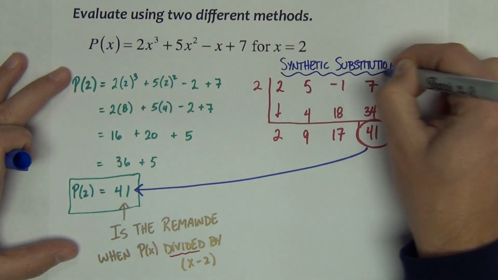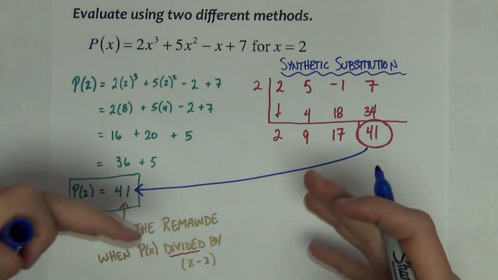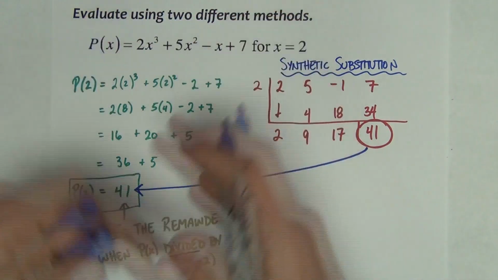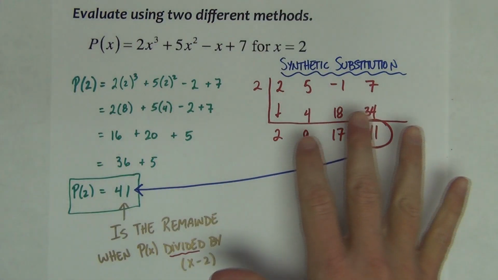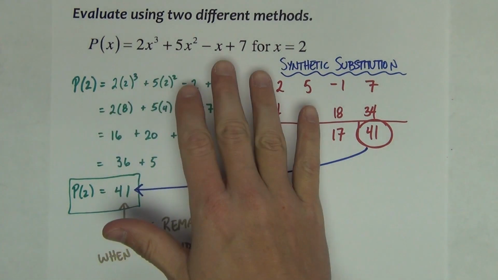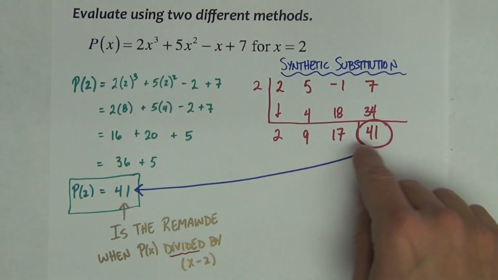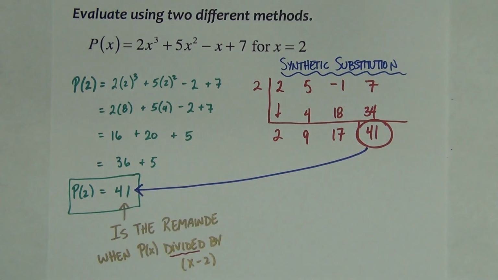Synthetic because it's synthetic division, substitution because we're doing this instead of substituting this number in for all these x's. So synthetic substitution is a way to evaluate functions for x values. And it's the remainder theorem that tells us that this is essentially this, that they're going to always be the same value.